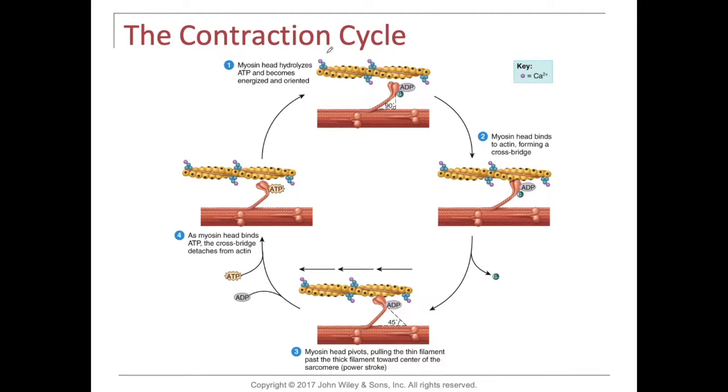We see troponin and tropomyosin, but it's not covering the binding site. So what happens to myosin? Myosin starts to reach out and says, hey, we've got exposure here. We're ready to connect. But what do we have hanging out here in the wind? Right here, we have ADP and P.